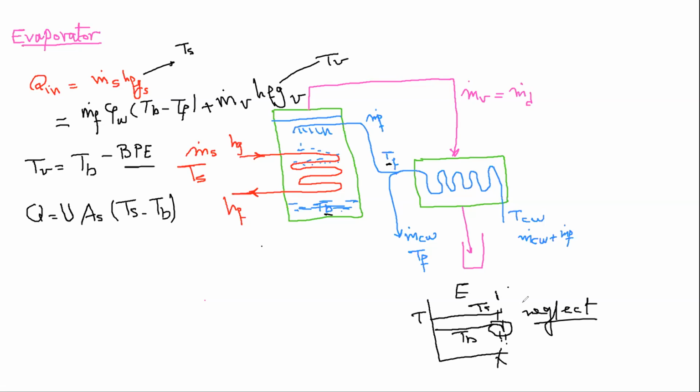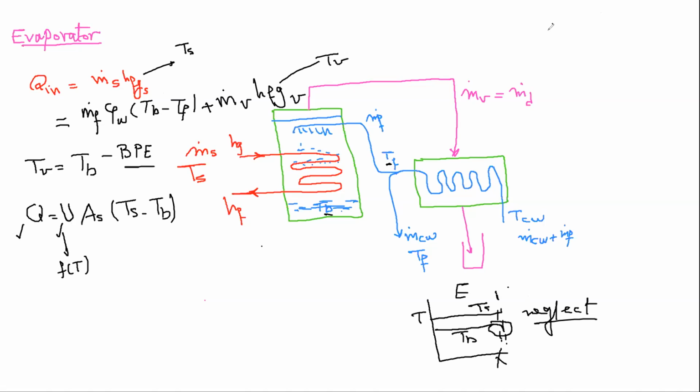So that's simply how we can use this Q that we calculated from the mass flow rate of steam times HFG of steam. U is normally given, you'll find it given in the book as a polynomial function of temperature. So that's easy.